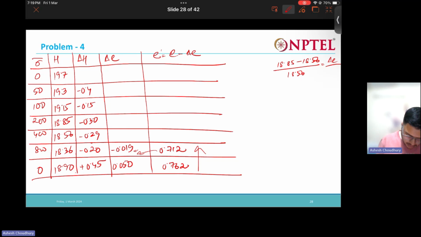Now for this one let me write the delta E. So 1 plus 0.731, from here I can get delta E as 0.027.